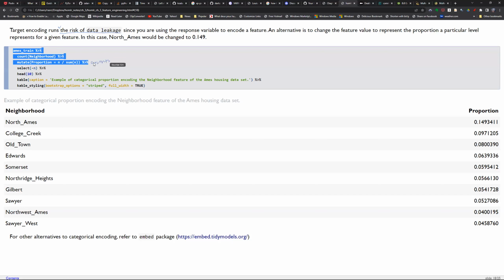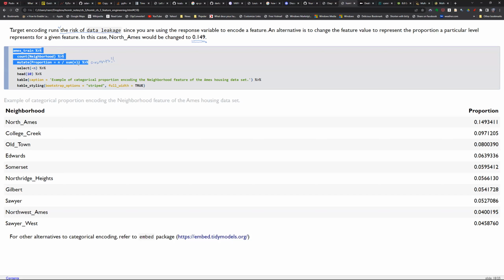And we do a proportion: how many counts divided by the total counts of the whole categorical variable. It's going to give you a numeric value, and then you can assign that numerical value to the specific level that you are trying to encode.